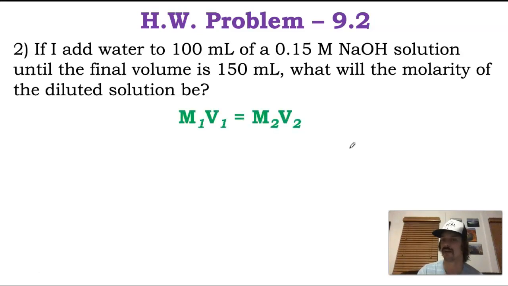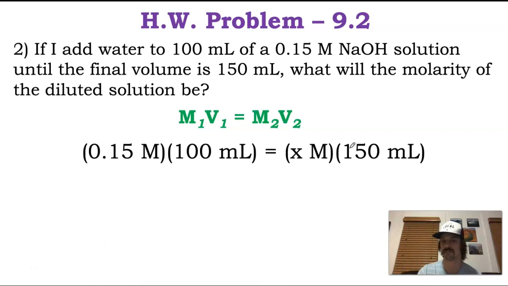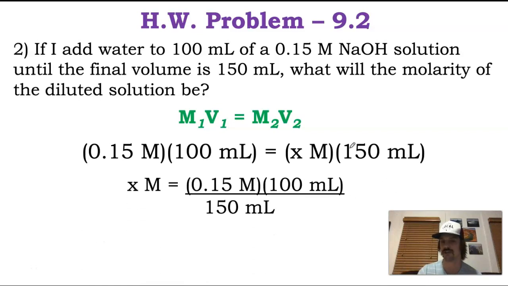Looks like my M1 is 0.15, my V1 is 100, and my V2 is 150. I'm solving for my new concentration, rearranging that equation and getting 0.1. It has gotten weaker because I have added some water.